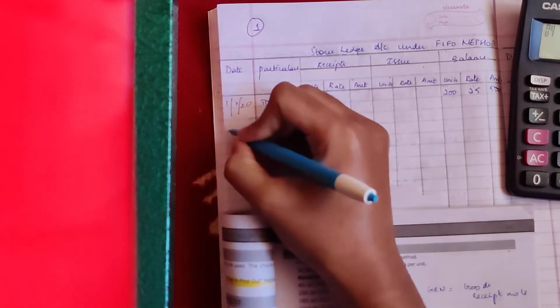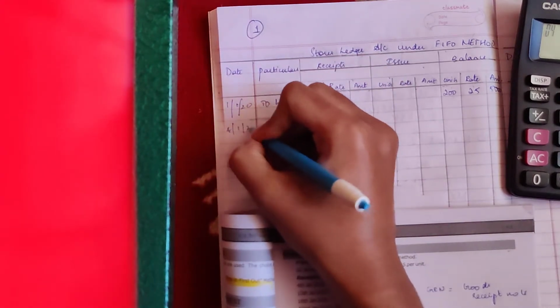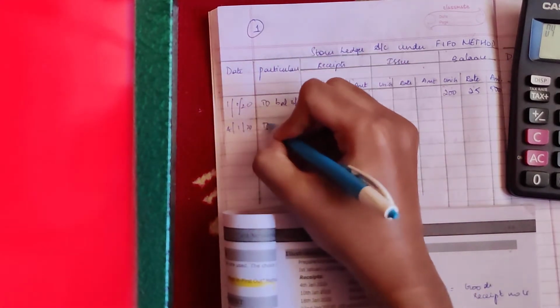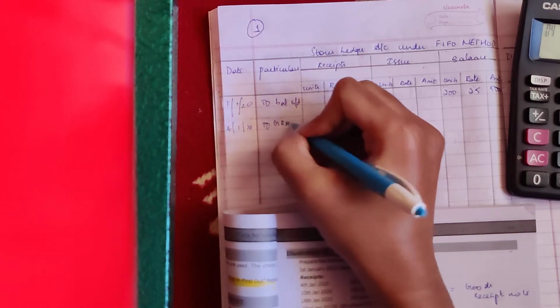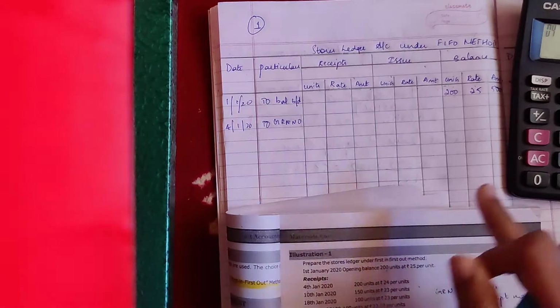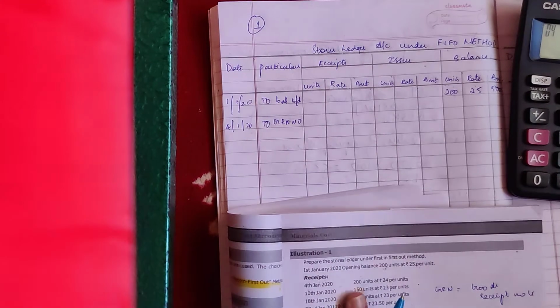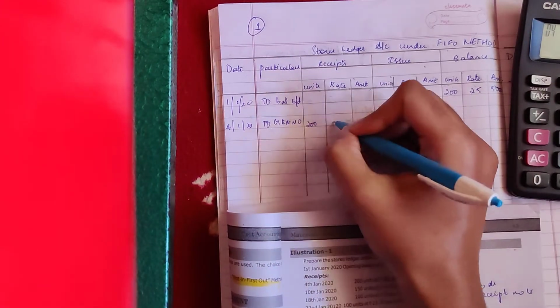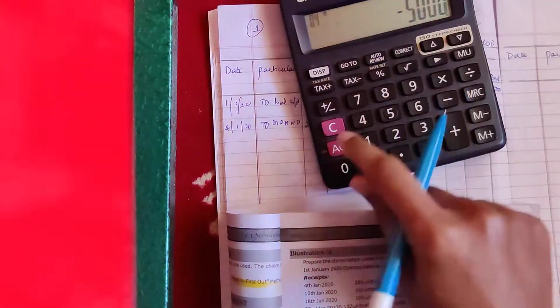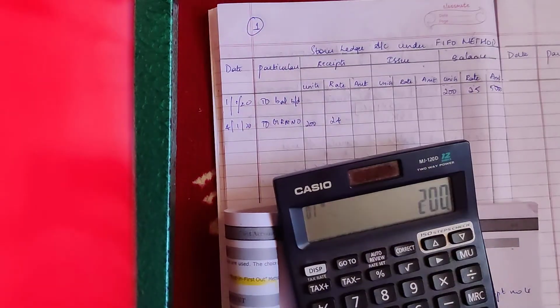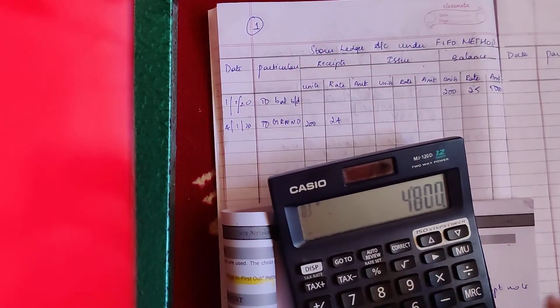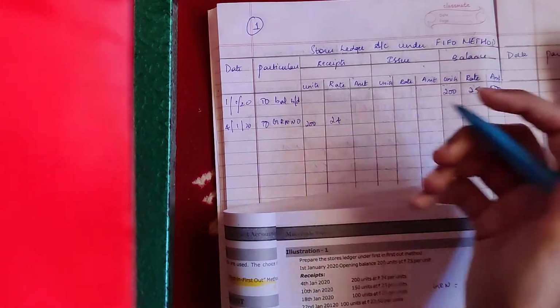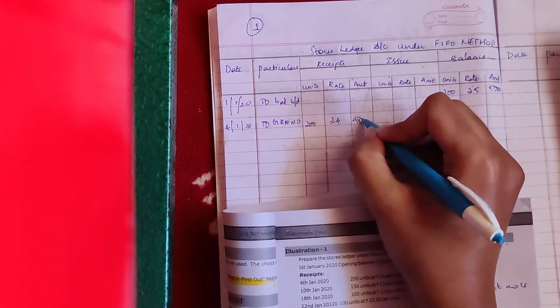Take down the date 4th January 2020, to GRN number. In your receipts column, 200 units at the rate of 24. 200 into 24 is 4,800.